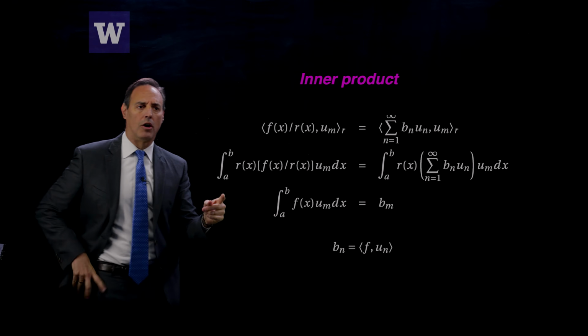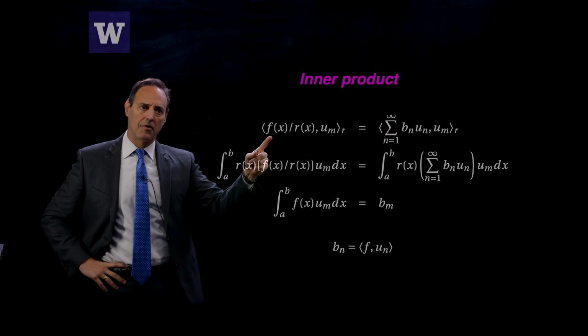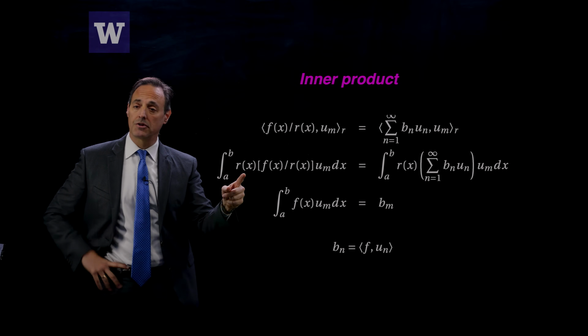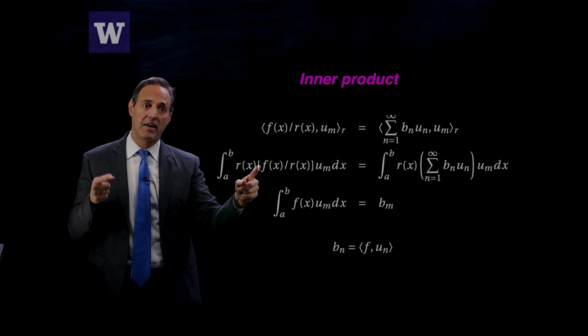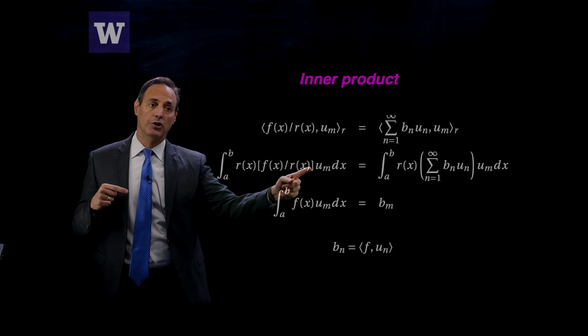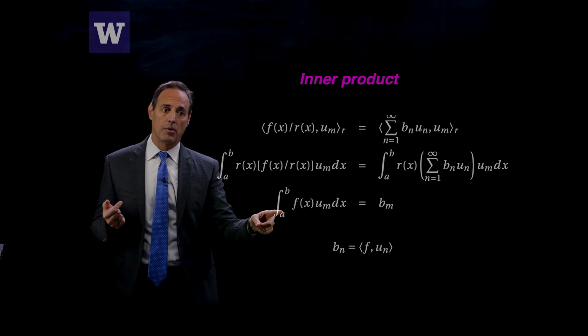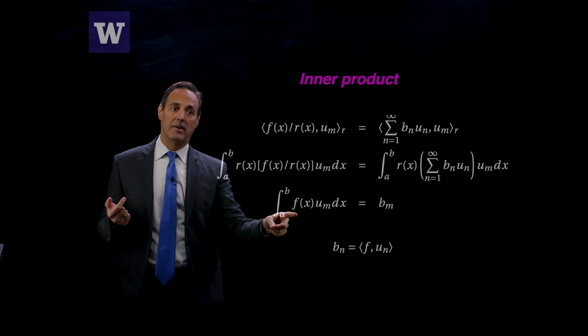First of all, when I take the R norm, let's write out this integral. This integral is from a to b. Since it's the R norm, the r of x is there, and then I have f of x over r of x, u of m. Notice that the r of x cancel. So what you're left with here is a to b, f of x, u of m.